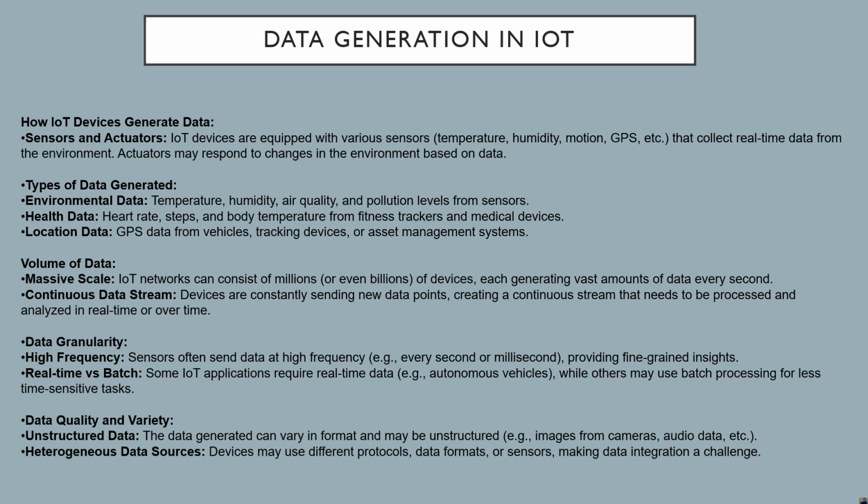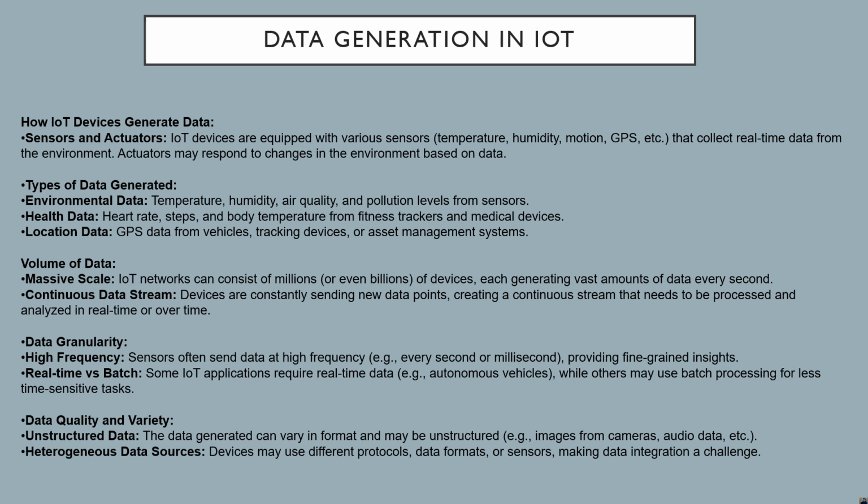Moving on to the volume of data, it has a massive scale, that is IoT networks can consist of millions of devices, each generating vast amounts of data every second. Continuous data stream involves devices constantly sending new data points, creating a continuous stream that needs to be processed and analyzed in real time or over time.